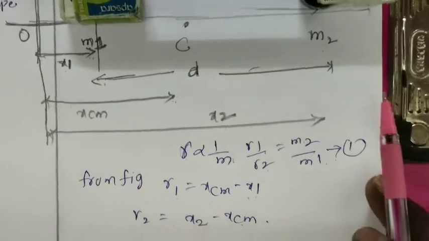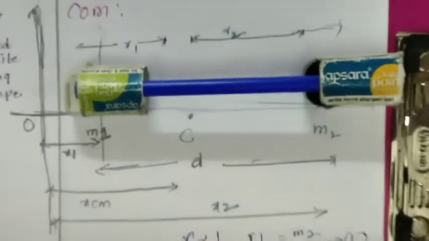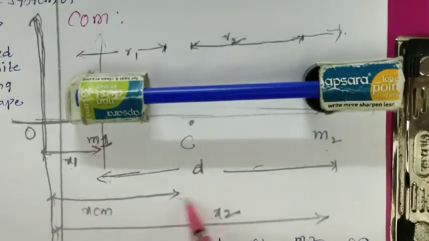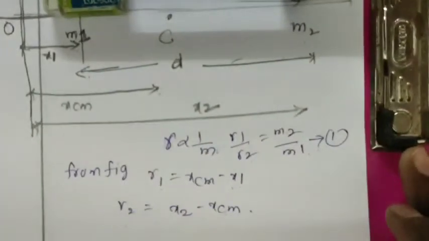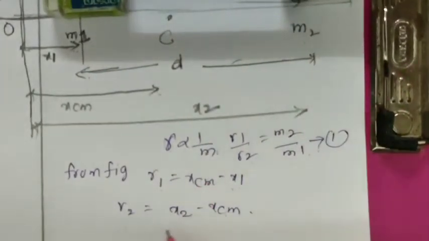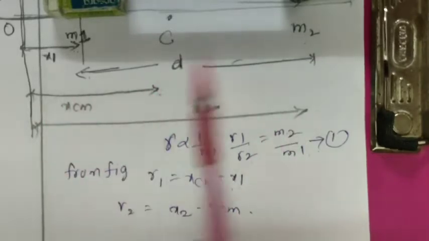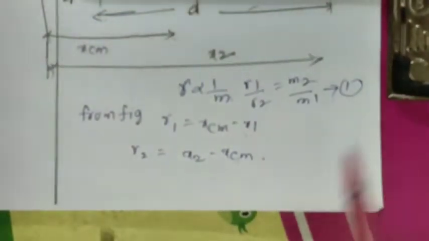This is equation 1. From the figure, r1 is equal to xcm minus x1, and r2 is equal to x2 minus xcm. Now how do we calculate the center of mass?